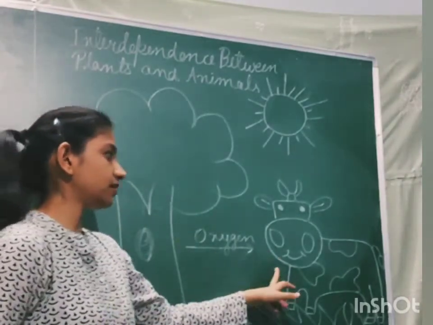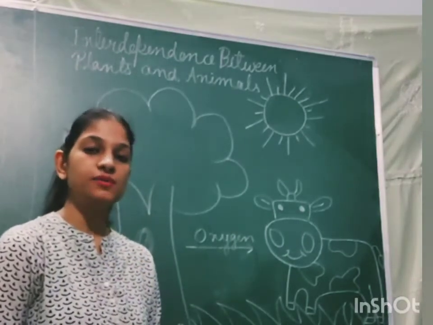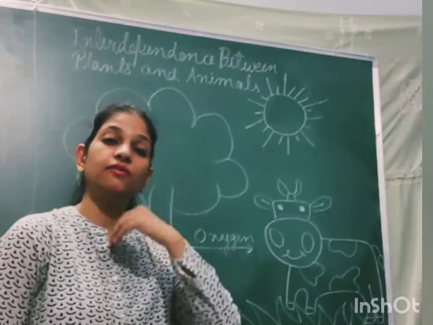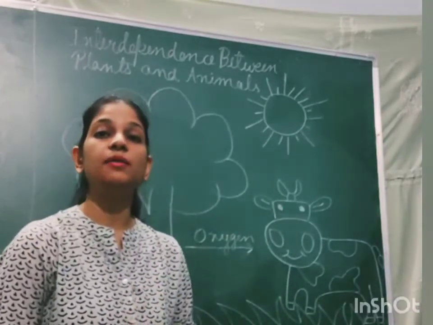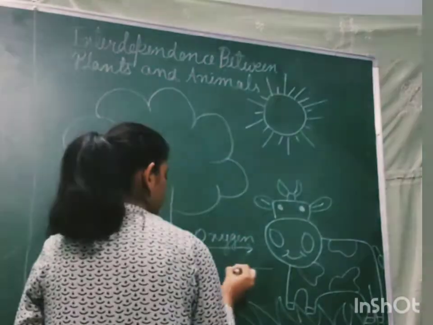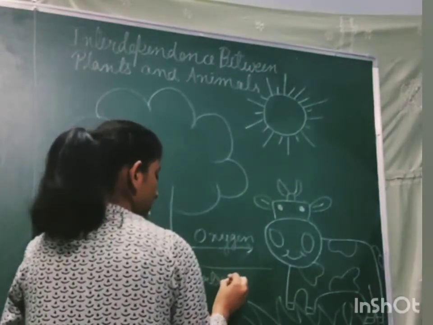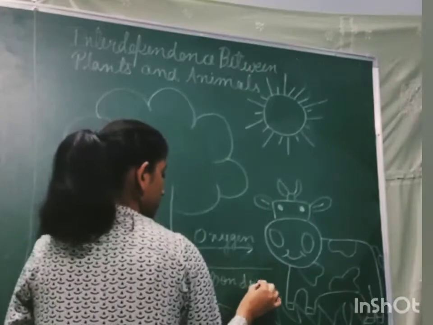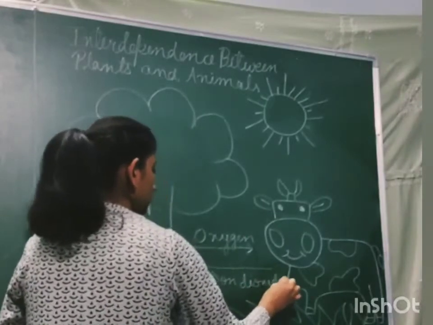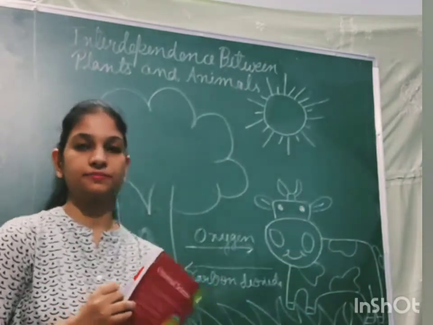This oxygen is taken in by the animals to breathe. The animals take in oxygen and give out another gas, that is carbon dioxide. What do they give out? Carbon dioxide. This carbon dioxide is used by the plant to make its own food in the presence of sunlight.